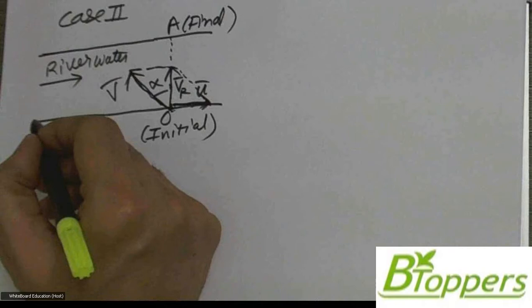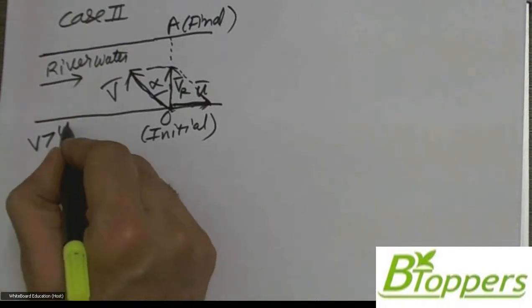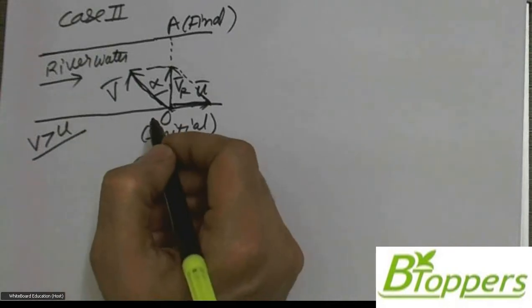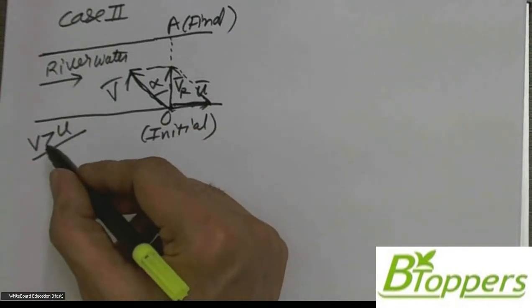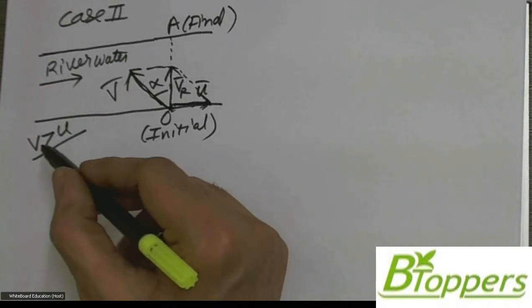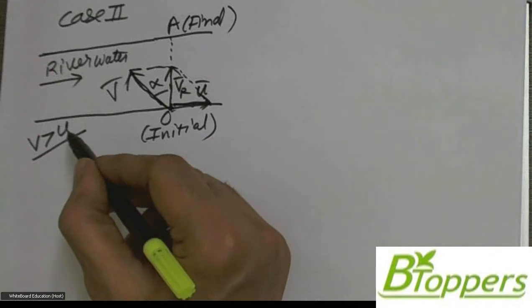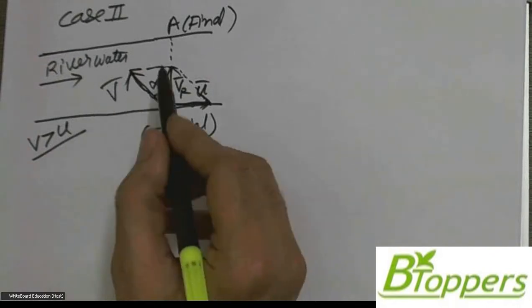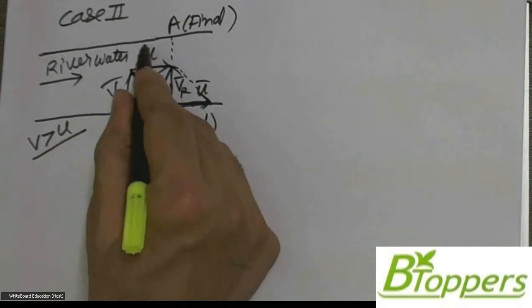Of course, this is possible in practice only if V is greater than U. That means the speed of the boat in still water, or speed of the boat relative to water, has to be greater than the speed of the river water. In the parallelogram, opposite sides are equal, so this can also be taken as U bar.